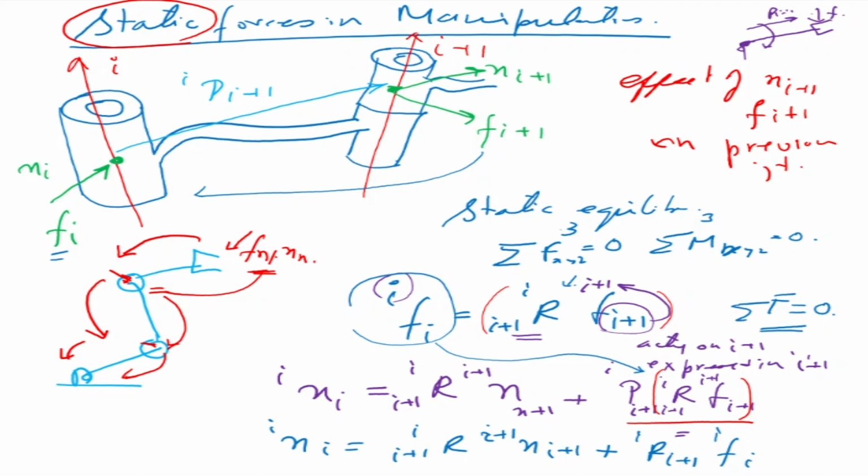There is a cross here, so I missed out the cross. This is p_{i+1}^i, the distance, and this is a cross product.